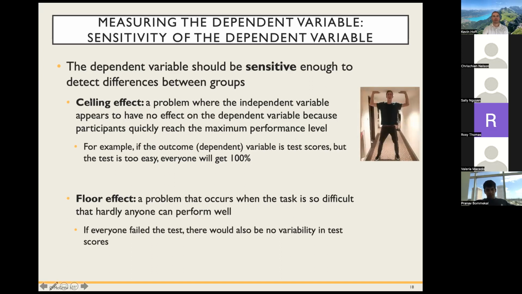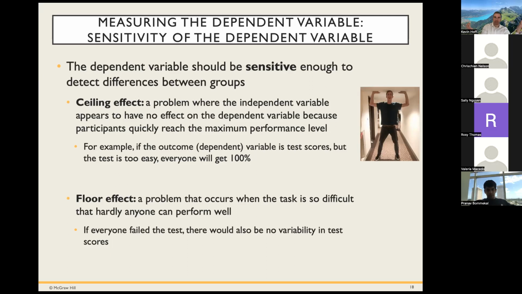The ceiling effect is a problem where the independent variable appears to have no effect on the dependent variable because participants are too quickly reaching the maximum performance level. In different words, oftentimes it's a problem if the test is too easy, so it's not discriminating between people and everyone is getting 100%.